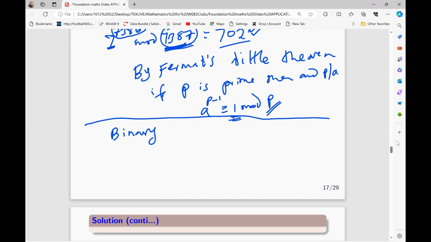786 to binary was 1110011. How many ones? After the 2 zeros, how many ones? 5 ones.